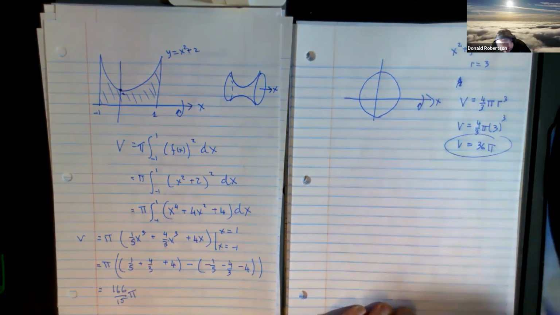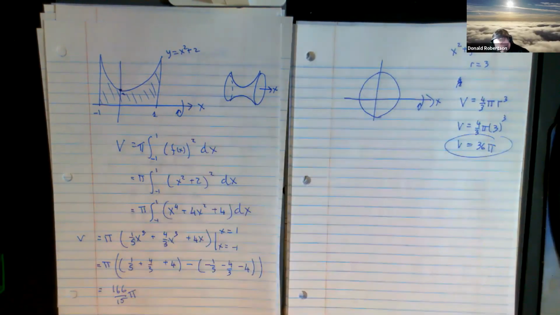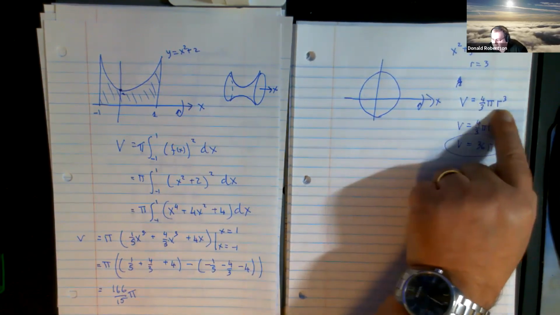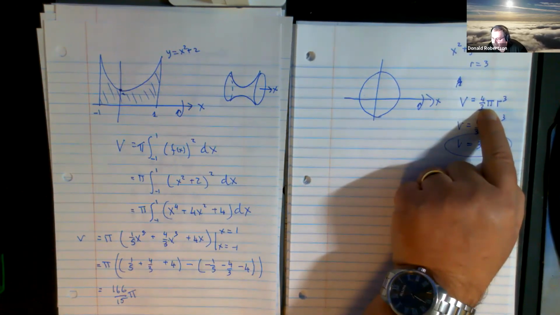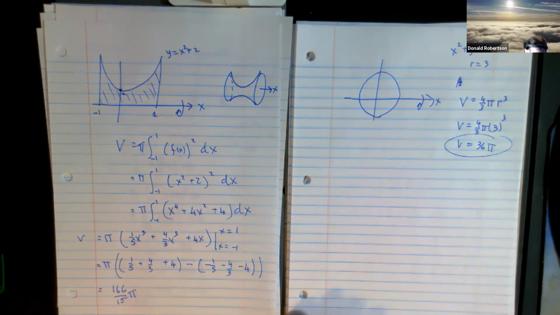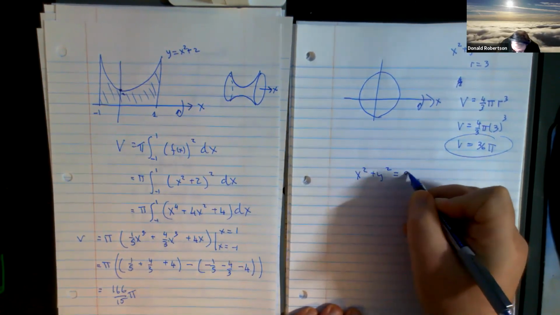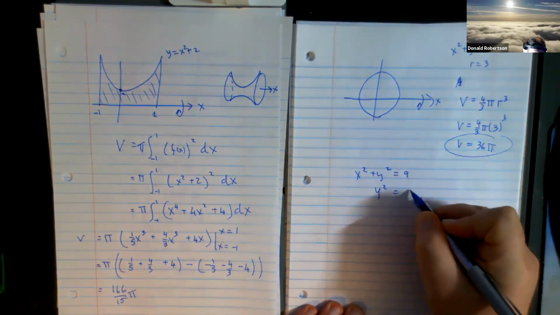The answer is 36 pi. So I found the answer to what this would be if you rotated it about the x-axis, and the answer is 36 pi, and I know it's 36 pi because this is the formula for getting the volume of a sphere of radius r, and if r is 3, you plug 3 in and that's the answer, right? So back to this question then. How do I make this happen? Well, I have to do a bit of work.